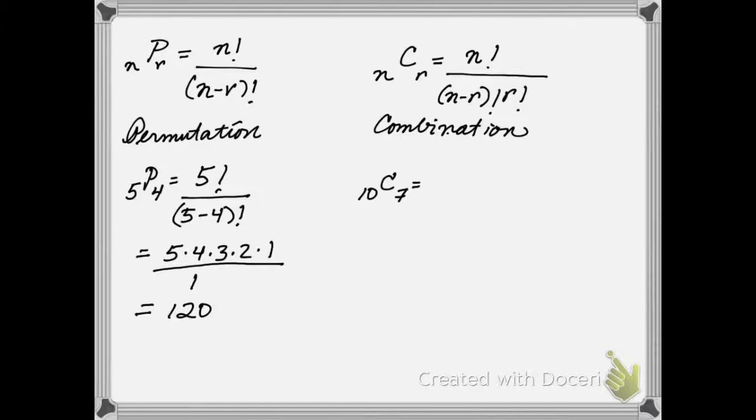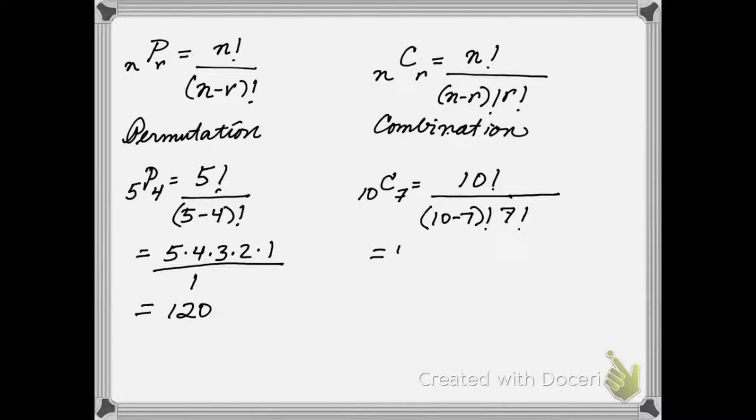This next one is a combination. So this C stands for combination. And this operation means that the first number is going to be the numerator, factorial. So I'm going to have 10 factorial in the numerator. And then in the denominator, I'm going to have 10 minus 7 factorial, and then 7 factorial.